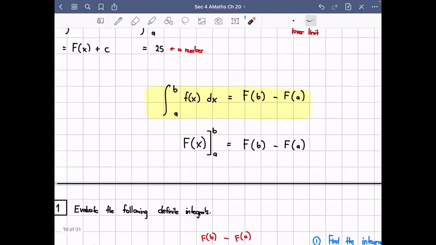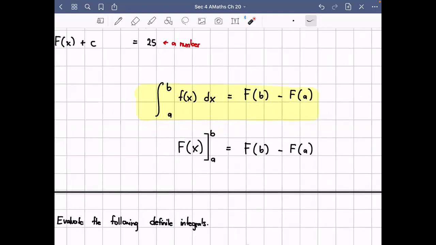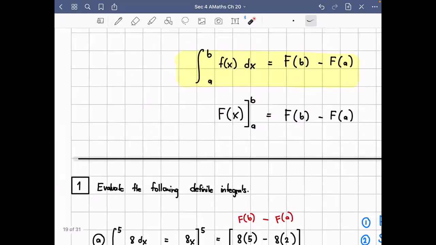Sometimes I will write my answers like this: this is the answer from the antiderivative, and then this is your lower and upper limit.